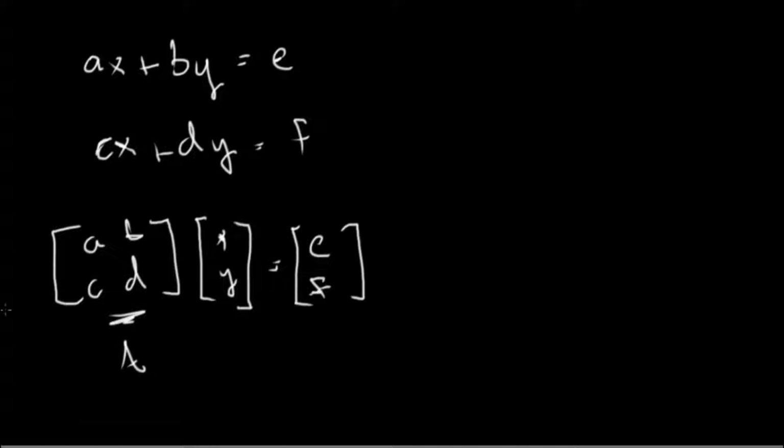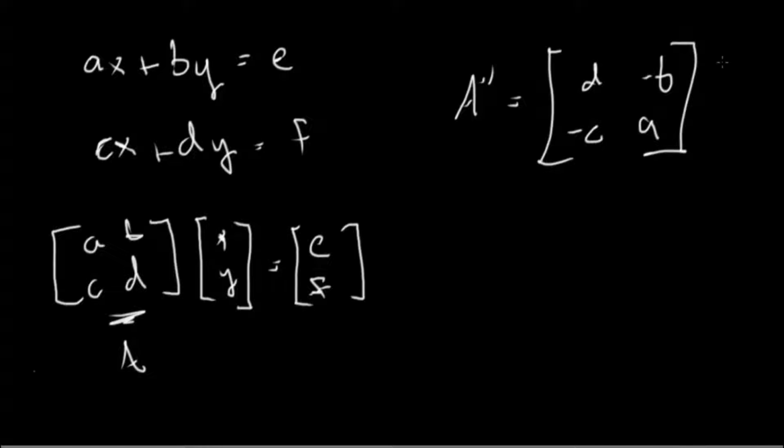I'm going to multiply this by A inverse. I'm going to multiply the right-hand side also by A inverse. So let's go ahead and figure out what A inverse is. A inverse is what we derived in the last video lesson. So we got [D, negative B, negative C, A], all times 1 over AD minus BC. I can multiply on the right-hand side because it's a constant.